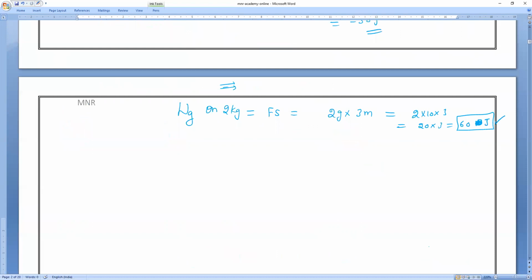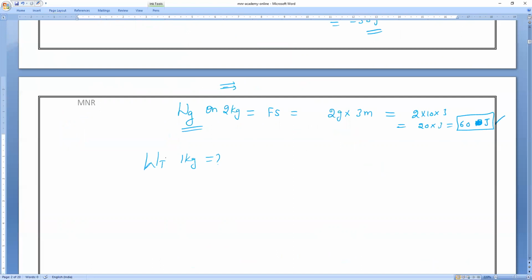Yes, so now we found everything. Work done by gravity is completed. Then what do we have to find next? They asked us to find work done by tension on 1 kg, and in the same way work done by tension on 2 kg. Now, if you want to find the work done due to the tension, you need to know some other thing.